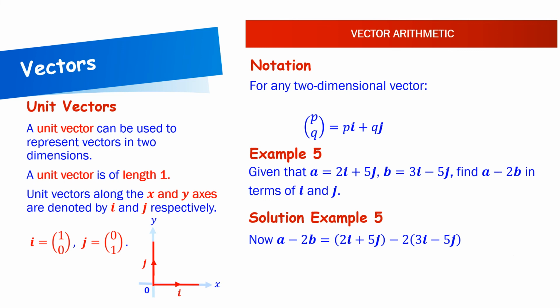Let's solve this. Here's a, and here's minus 2b. So this is equal to a plus minus 2b, as shown. We've expanded the minus 2b.